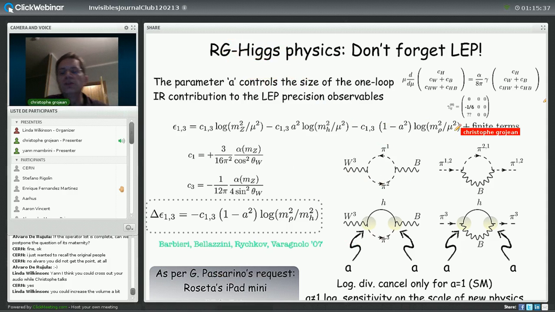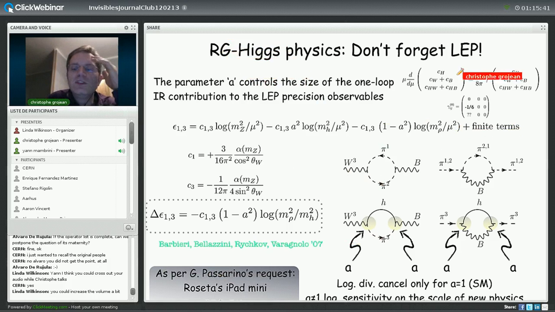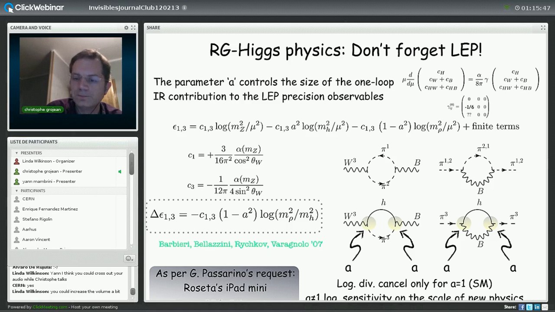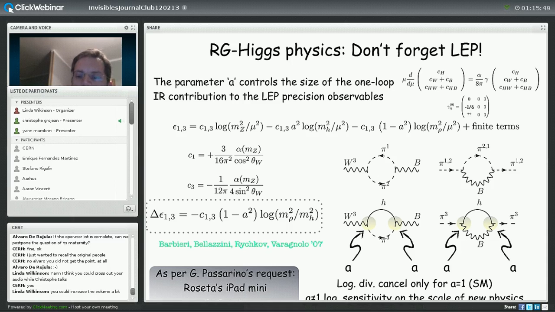So what I wanted to say is that a concrete example of this renormalization group evolution effect is the mixing between CH, which basically controls the deviation of the coupling of the Higgs to the W and the Z, and the S parameter that has been measured by LEP.